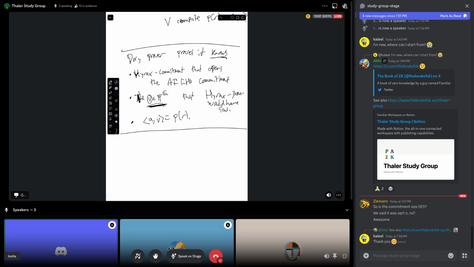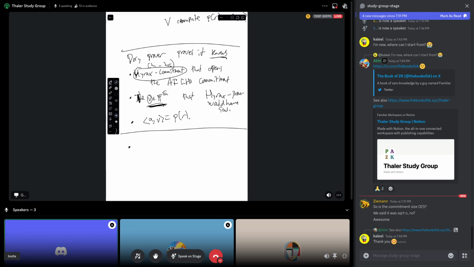Let me try to write it. I think I want to give this Hyrax commitment a name. I'm running out of letters here. Maybe I just call it H1 to H root n, because there's one group element per column. So writing this out, let me write out these three bullet points again.